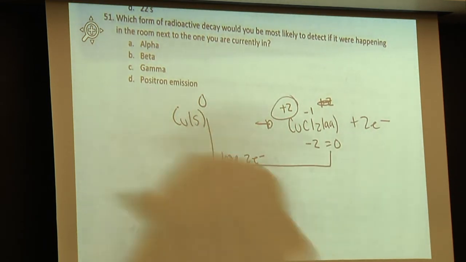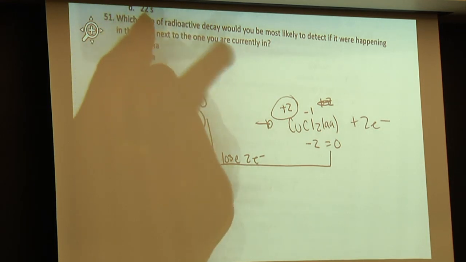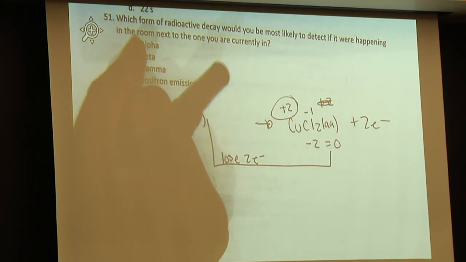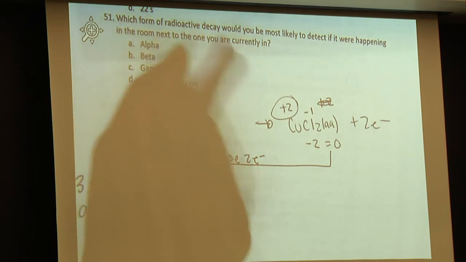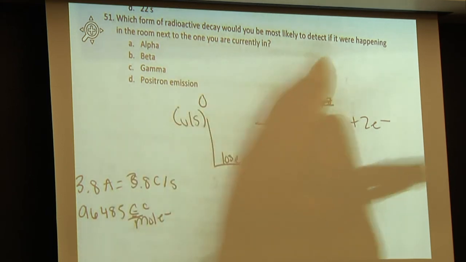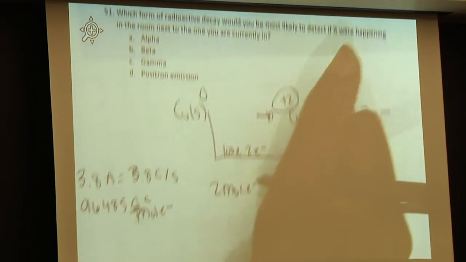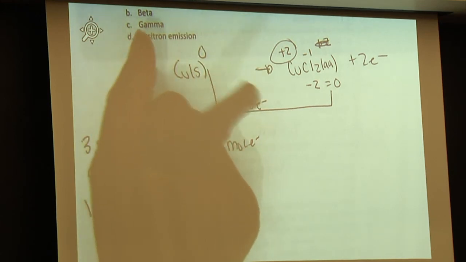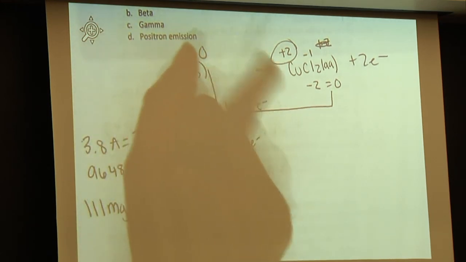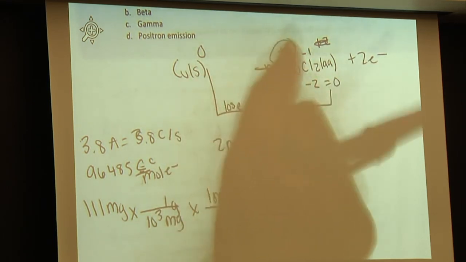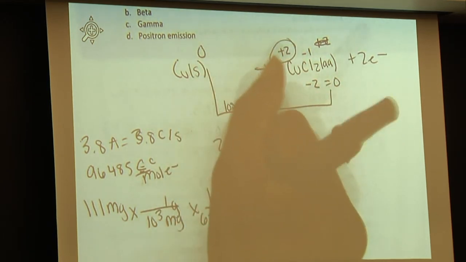So then we know amperes equals coulombs per second. And then Faraday's constant is coulombs per mole of electrons. And then we're sharing 2 moles of electrons. So in this problem, you're going to go from 111 milligrams to grams. You're going to use the molar mass.